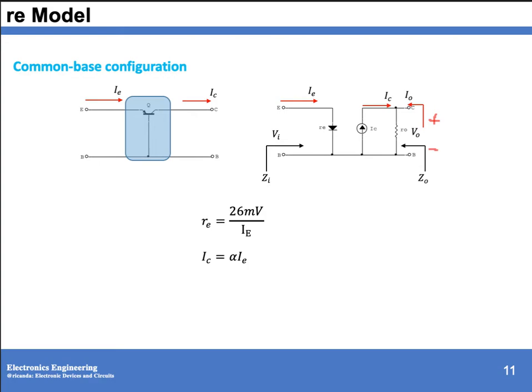Remember, if we have the ratio between your output over input, if your input is your emitter and your output is collector, we call that one as alpha. So we have a current ratio of I_C over I_E, which is equivalent to alpha. So solving for your I_C, that is equal to your alpha I_E. And this r_o, it is optional.